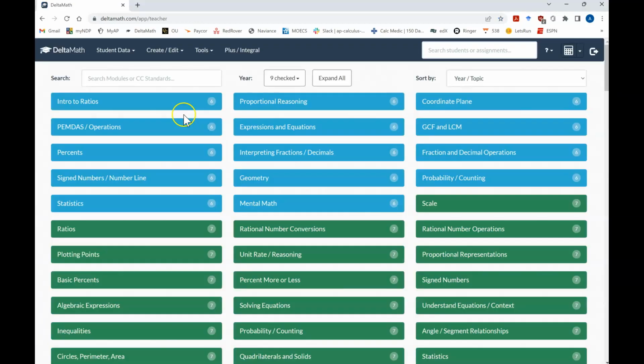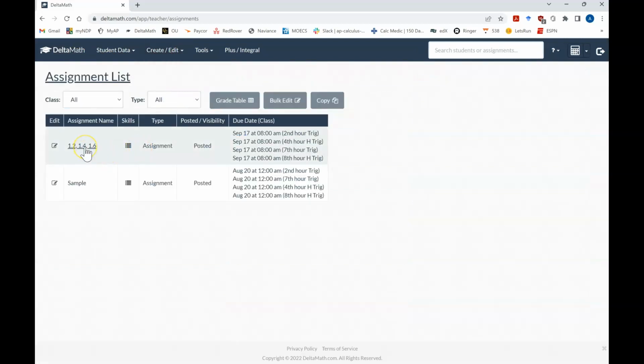So you go to your Delta Math. Your screen looks different than mine. Your Delta Math assignment should be titled 121416. Okay?